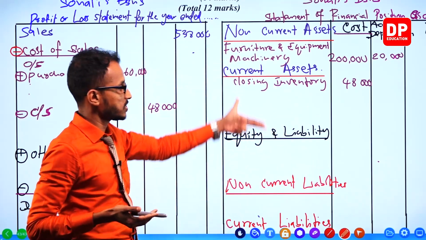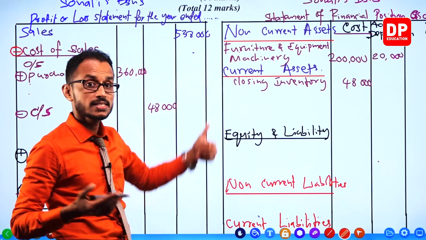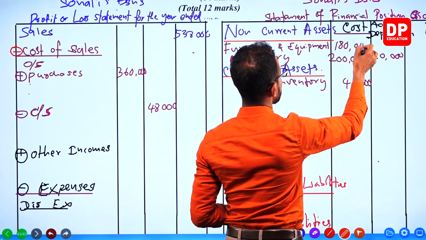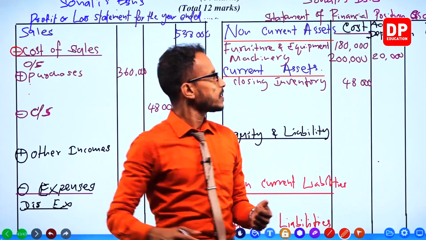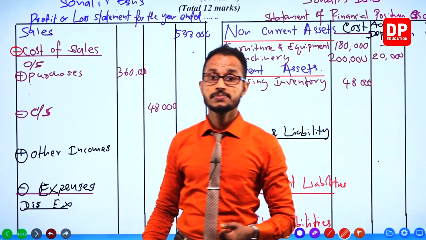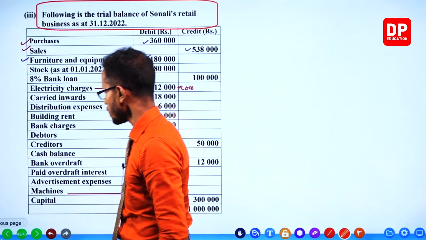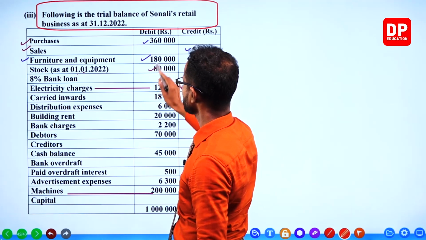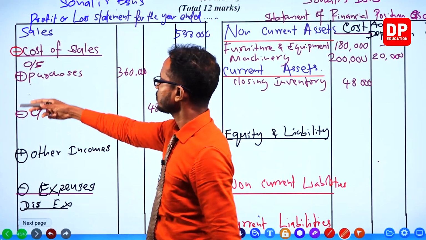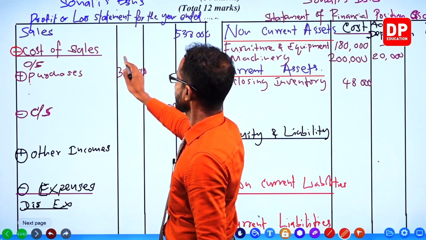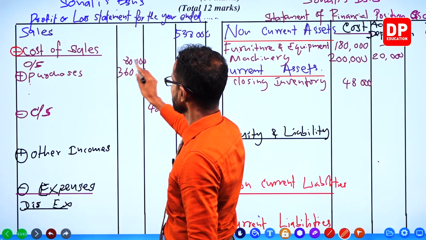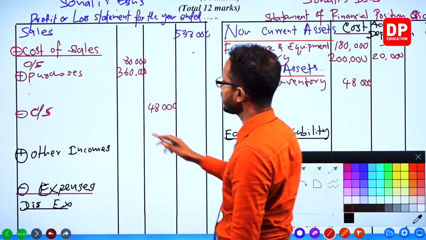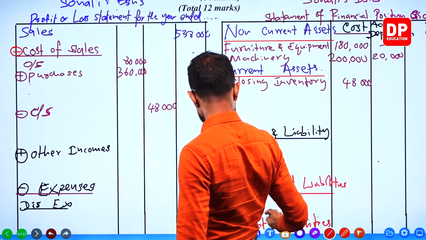When we did the lesson, the liquidity order of assets was explained. 180 is the cost. No depreciation is given for furniture. Done. 180. Stock as at 1st January, opening stock 80,000. You know where to put opening stock. See? 80,000. Do you see that? Yeah, I see that. It's here.